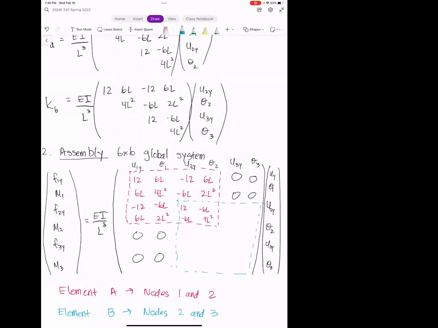Now let's do all the entries for element B. For element B, we're going to have a plus 12, plus 6L, plus 6L, plus 4L squared. Remember, anything that's overlapping, we're just going to add their values together.